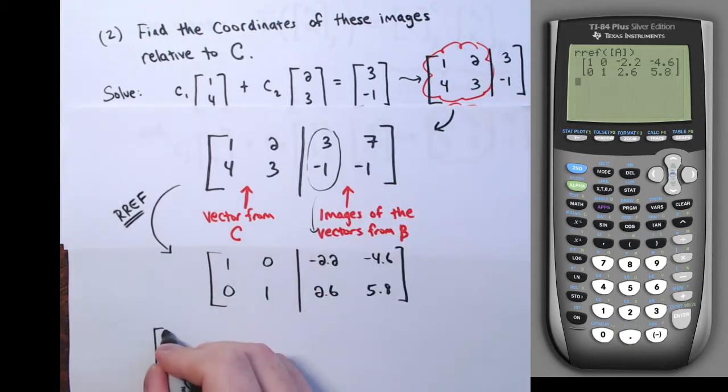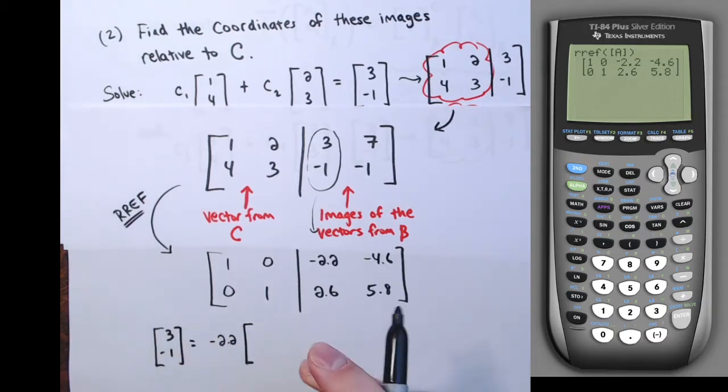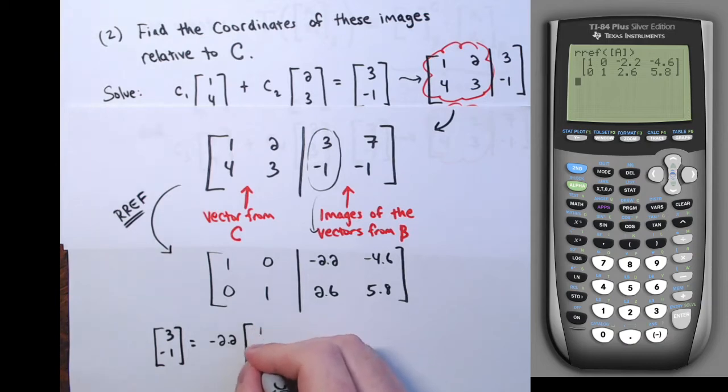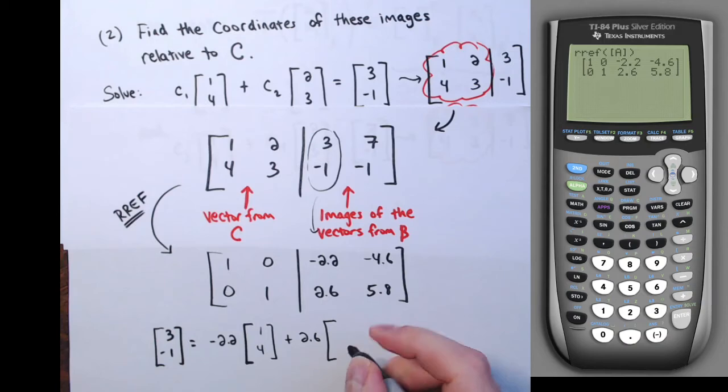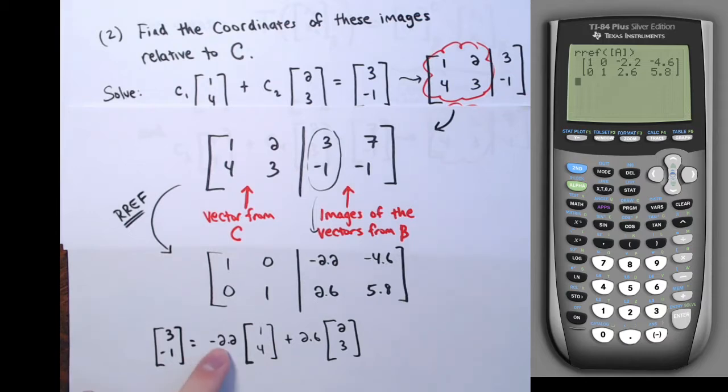That 3, -1 we had: if I take -2.2 times the first vector from C, times 1, 4, plus 2.6 times the second vector from C, that was the 2, 3, this should be true. And look at this. Negative 2.2 plus 5.2 is 3. Negative 8.8 plus 7.8 is negative 1.